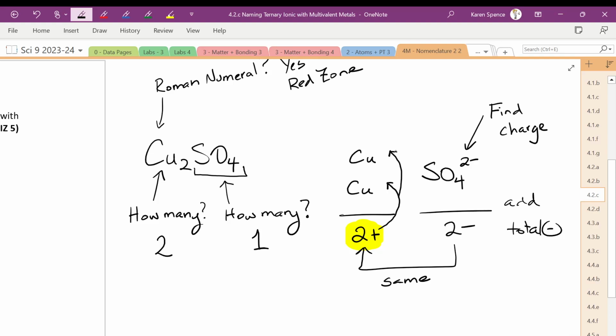What is the charge of each copper? 1 plus. And if copper is 1 plus, that tells us that our Roman numeral is 1. So our name then will be copper 1. And then what is the name of SO4?